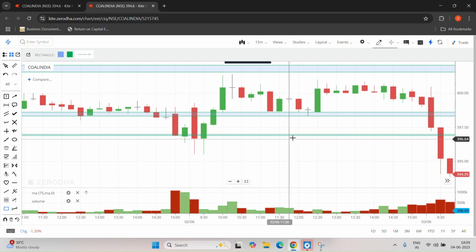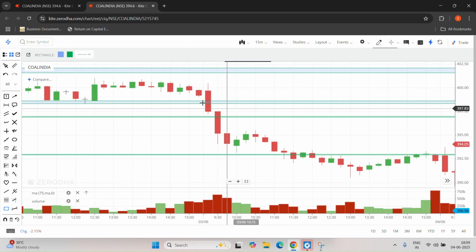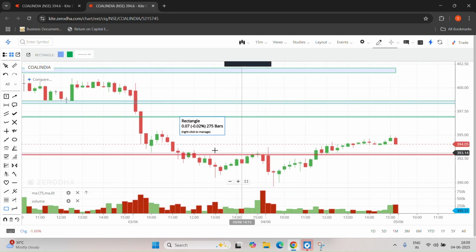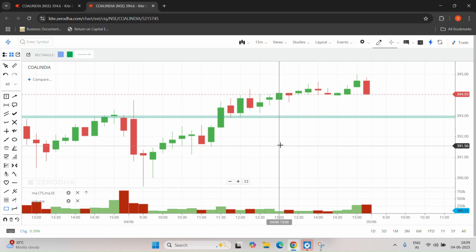See just how well it is taking support. Once the support was broken, price came down to the previous support. Then from there again, see today what the market has done. The market came down a bit, then took the support and went up.